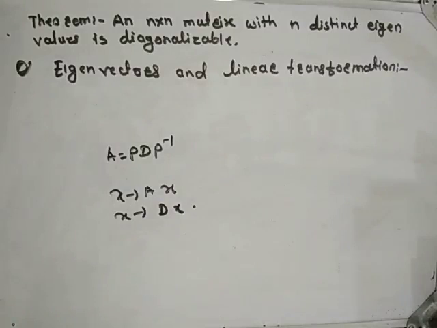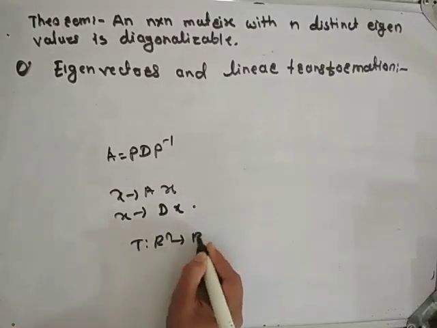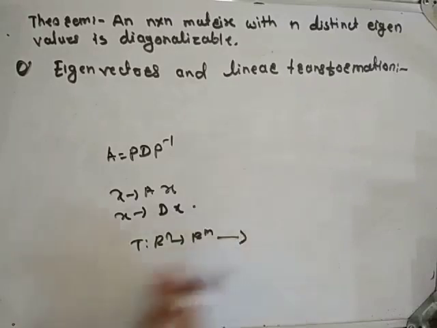We know that any linear transformation T from Rn to Rm is a matrix transformation.